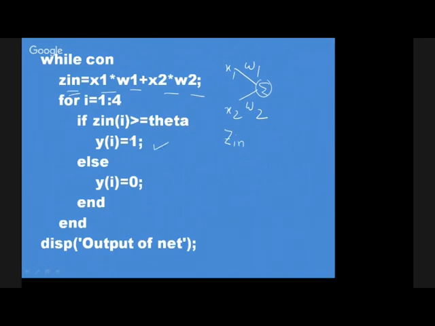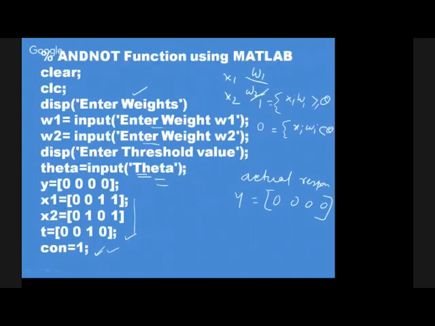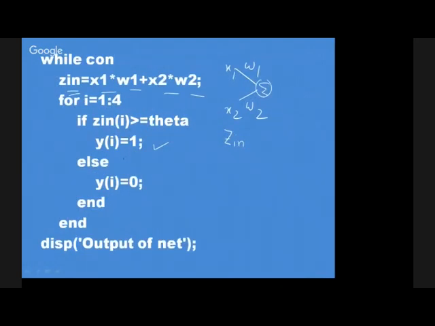Because we will get 4 values, for x1 and x2 in each of the 4 input combinations, we will calculate for the 4 values. That's why we have given this simplest way, for i equal to 1 to 4 for all the zin: zin 1, zin 2, zin 3 and zin 4. Because here you will get 4 values.